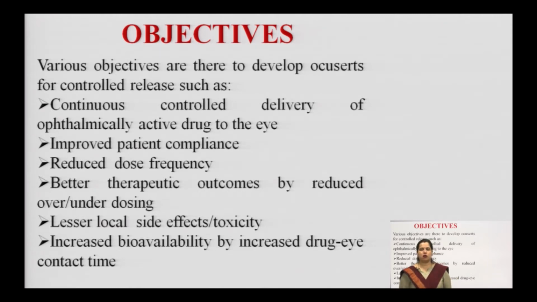If it is placed once, then it may give the effect or release of the drug for a prolonged period, like for a week, for months, right. Reduced dose frequency as compared to conventional ones, and better therapeutic outcomes by reduced over and under dosing, as it provides the controlled or predetermined rate release of drugs.